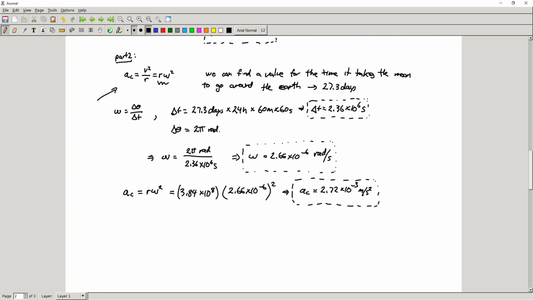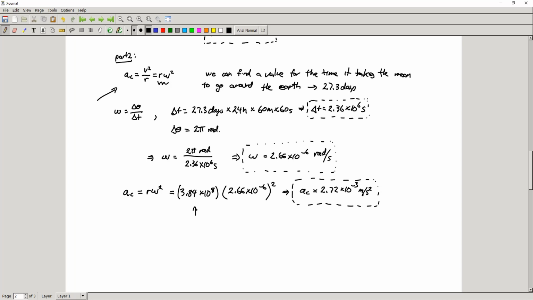Why are they different? Well, they're different because we've made an oversimplification here. We've taken this distance to be the distance that these objects are rotating around. In reality, they're rotating around their common center of mass, which is not quite the center of the Earth, but a little bit off center, still under the Earth's crust, but a little bit further out.